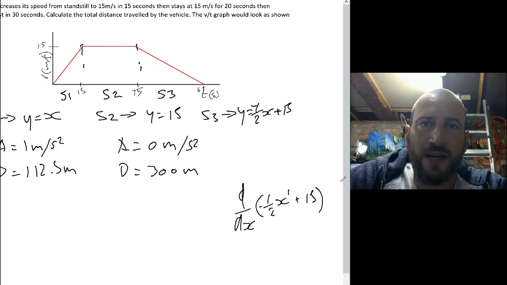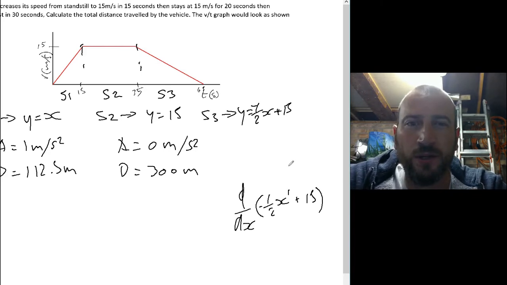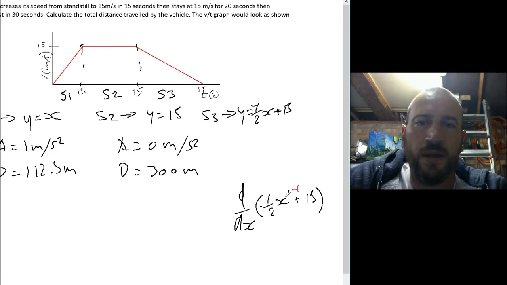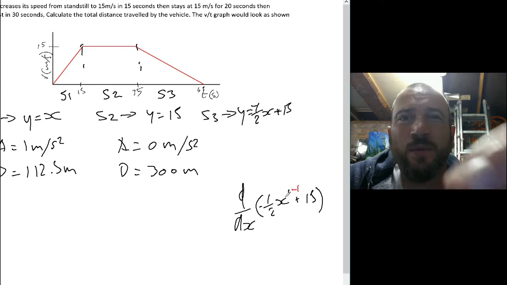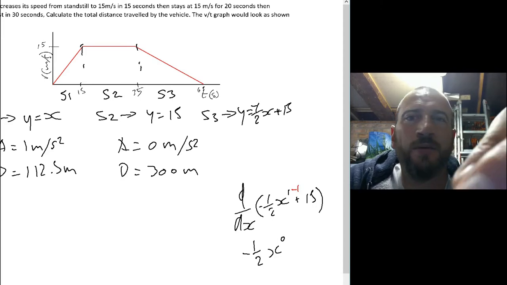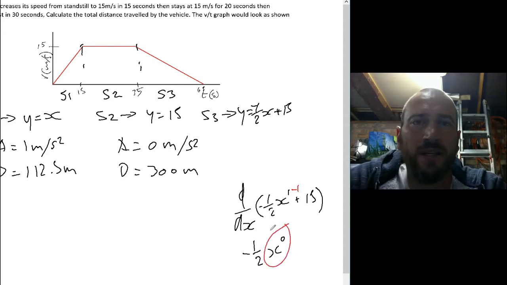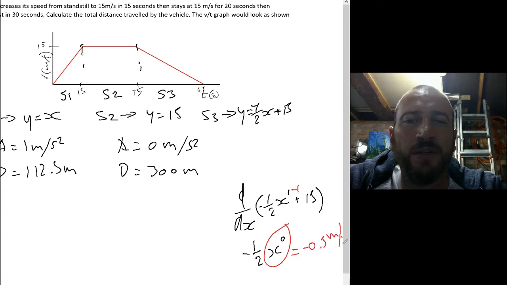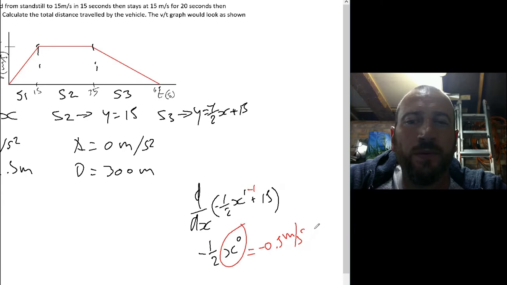Now the 15 is going to cancel off, and we're going to do 1 minus 1 up here, and bring the 1 down in front, so the 1 is not actually going to affect it. What we're actually going to get is negative 1 over 2 x to the power of 0, and this x to the power of 0 is equal to 1, which again cancels off, so our deceleration is equal to negative 0.5 meters per second squared.